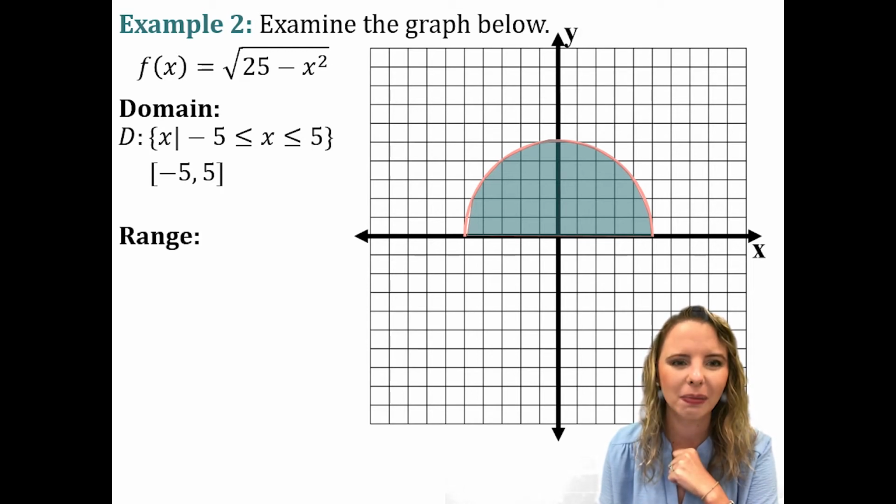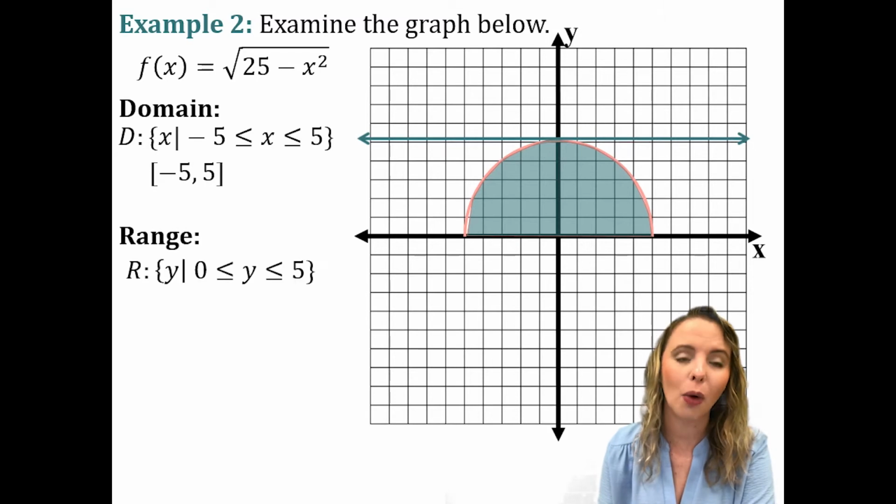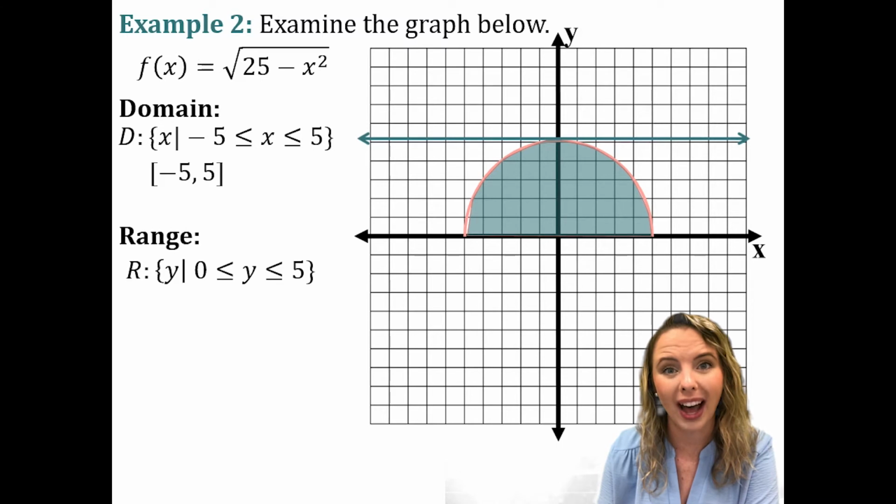What about our range? We begin at 0 and we go to 5. So we know that y is going to be between 0 and 5. So 0 is less than or equal to y is less than or equal to 5 for set notation. And for interval notation, we're going to have 0, 5 with brackets as well.